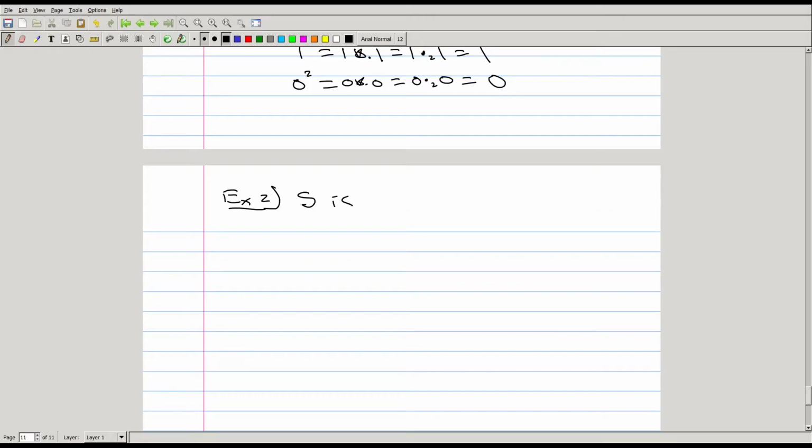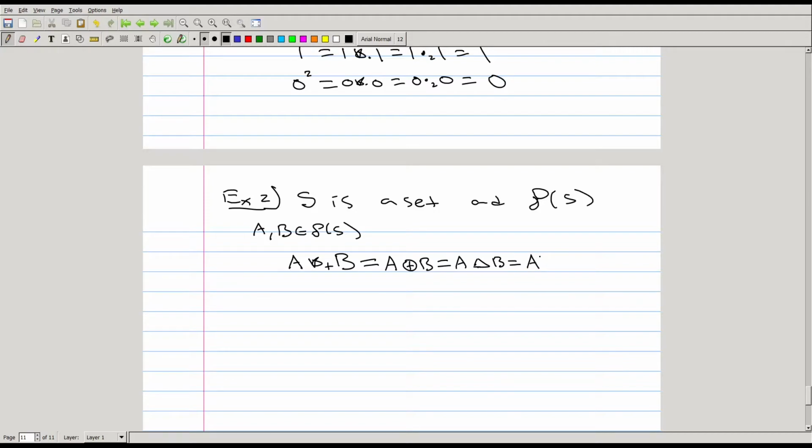Suppose that S is a set and the power set of S is the set that we're considering this ring on, and for A and B in the power set of S, the subsets of S, we define A star plus B to be the symmetric difference between the two sets, which I gave 2 notations for previously.